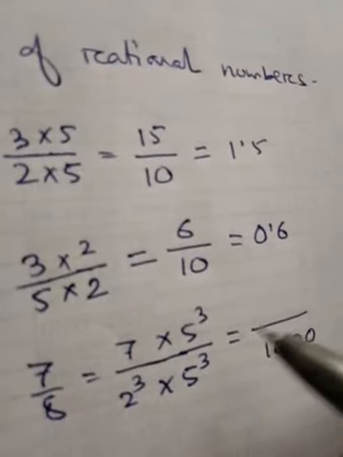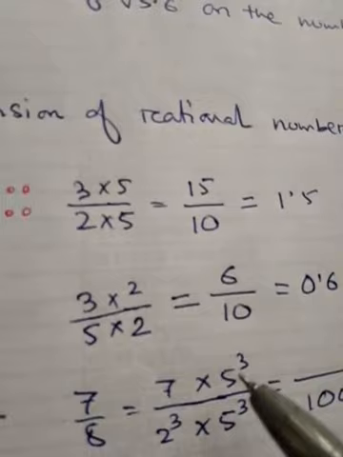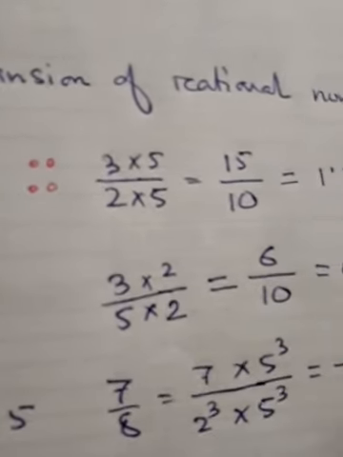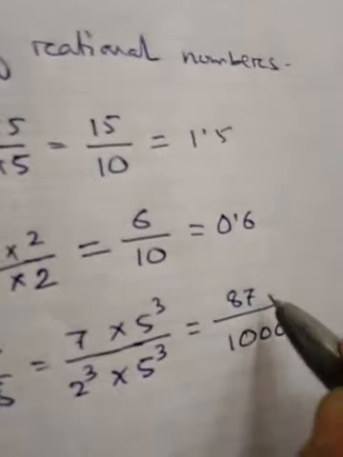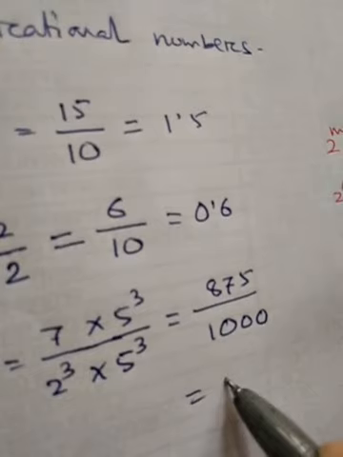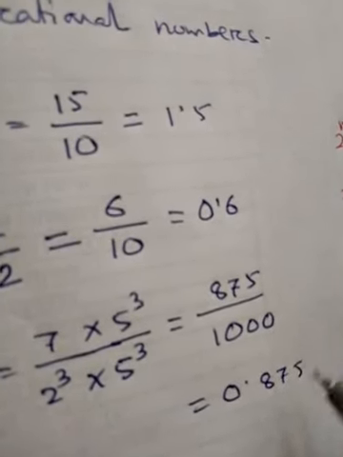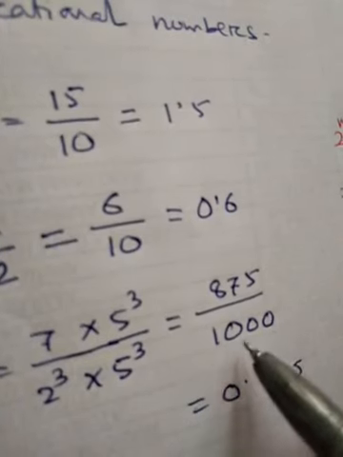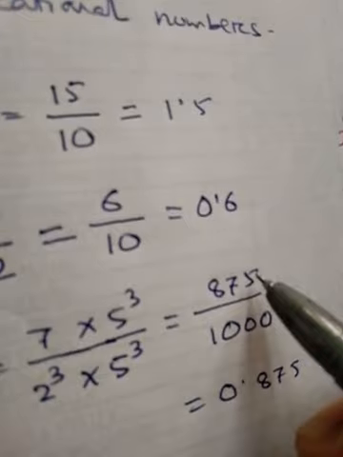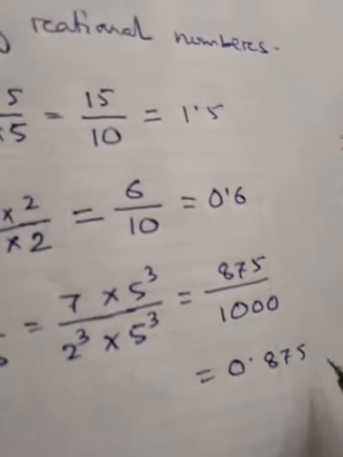And on this side, this will become 5 cube, that means 125, and multiplied by 7, it will become 875. And then the answer would be 0.875, because we have 1 and three 0's, so the decimal has to be put before 3 digits, so it becomes 0.875.